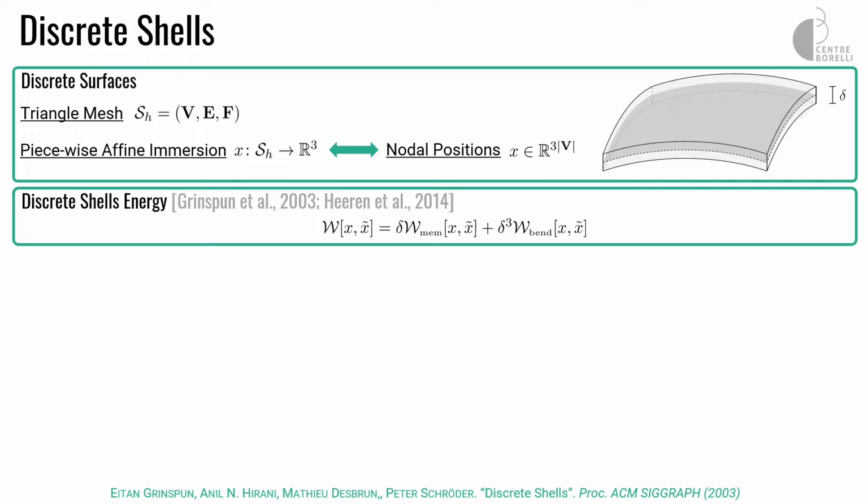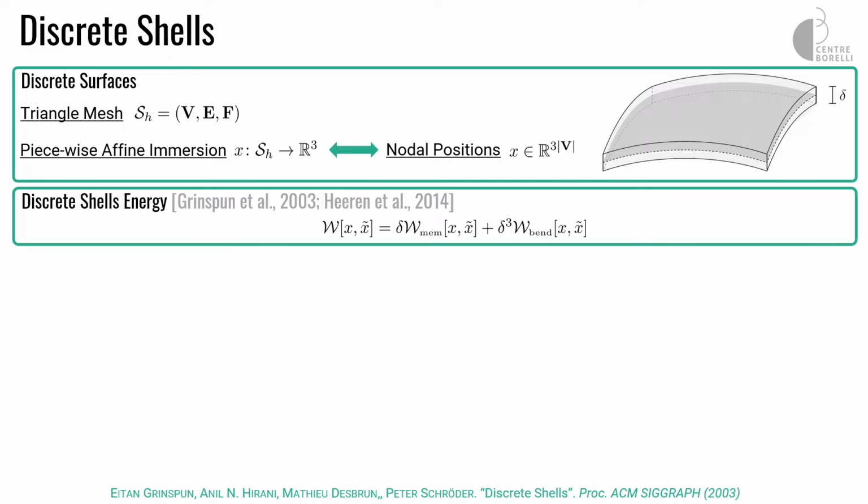So you have your model that has two components. One is called a membrane component, which is basically in-plane stretching or a distortion of your surface. And then you have another part, which is a bending energy. Well, it does what the name says, it measures the bending of your surface. And these two contributions are weighted by delta or delta to the power 3, and this delta is a small thickness of your object, right?